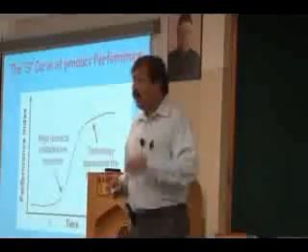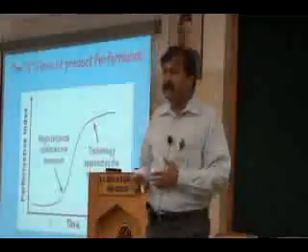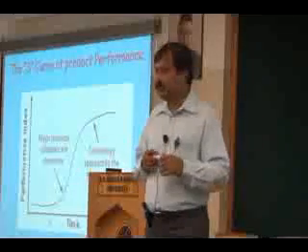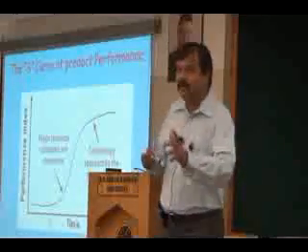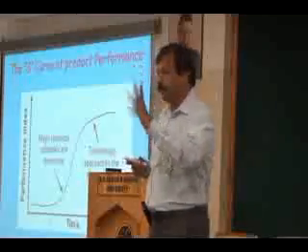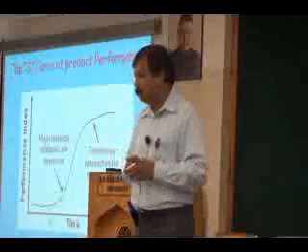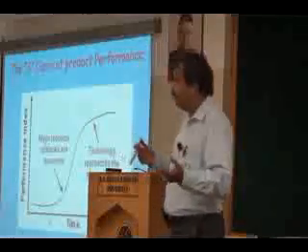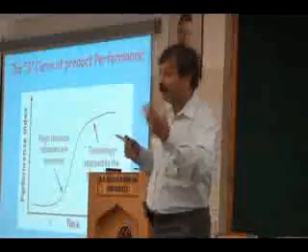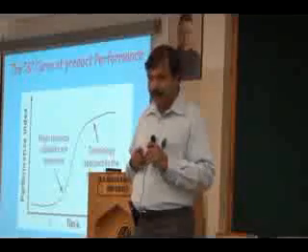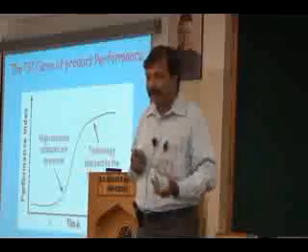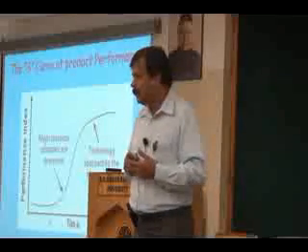Now take the case of VLSI, very large scale integration circuits. What is the speed of the computer that you have with you? People are now talking about gigahertz. The processing speed of the computer is talked about in terms of gigahertz.